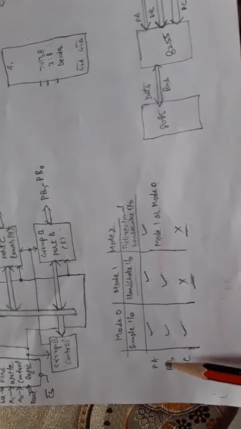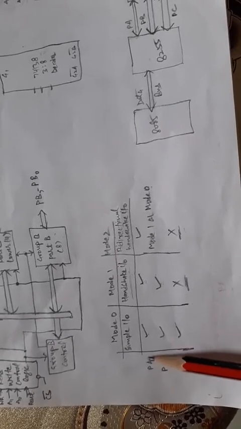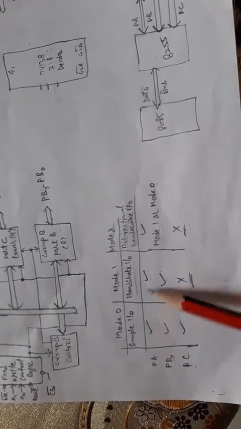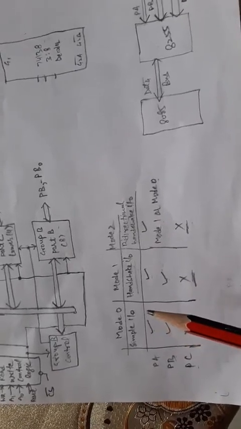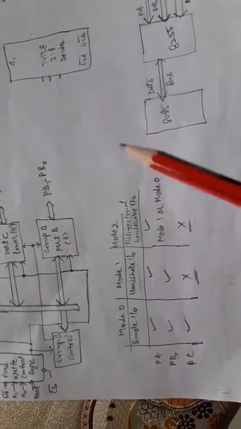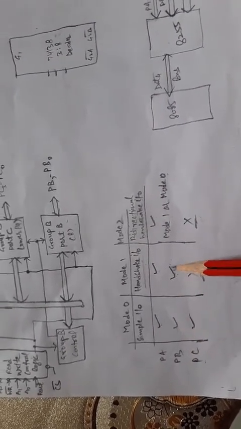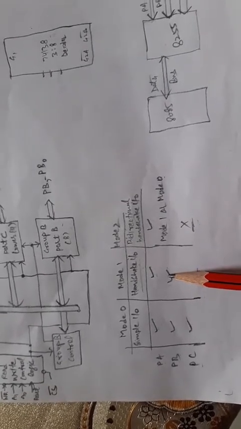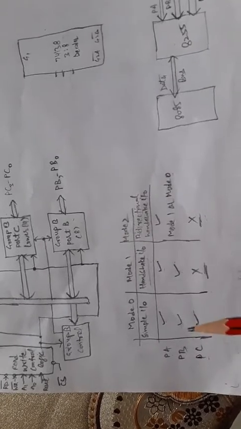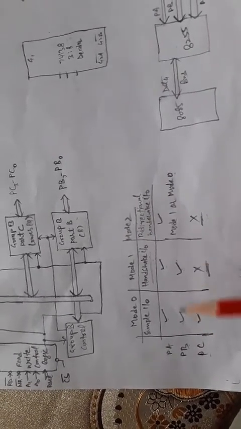To select the mode of port A, we need to select one out of three, so we require 2 bits, which give 4 options. But port B works in only 2 modes, so we can use 1 bit, because 1 bit gives us 2 options.